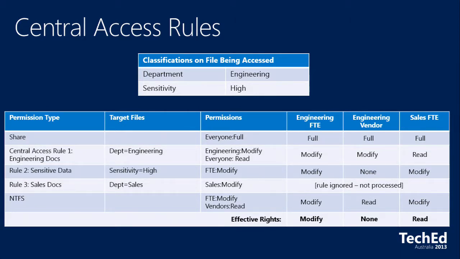And when we go and check against the resource, we can say, if the resource here is being classified as belonging to department equals finance, and the user token has their department equal to finance, we can have a rule that says allow this person to have modify access if the resource department equals the user department.